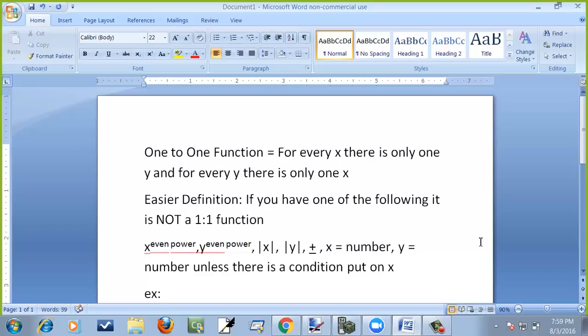And what I mean by that is you have y is equal to x squared, and that right there, since it's got an even power on the x, would not be a one-to-one function. But if they put a condition, they say where x is greater than 0, by putting that condition on there, in college algebra books, you typically are putting that condition to make it one-to-one.